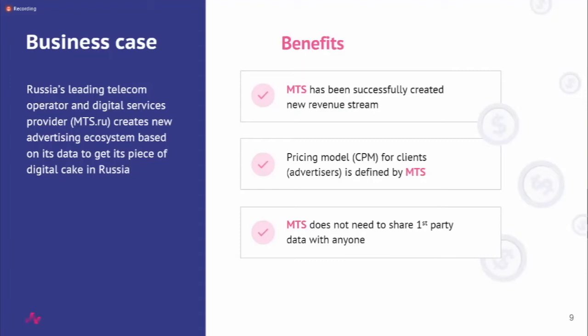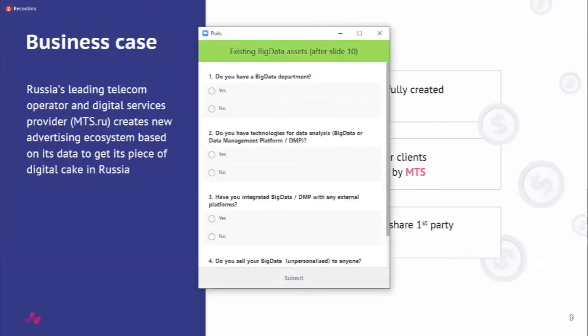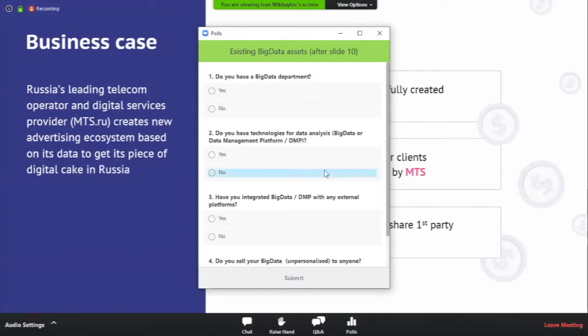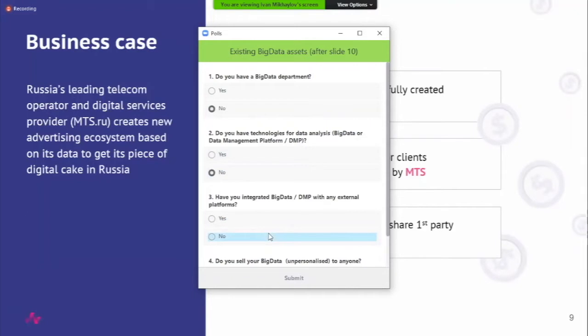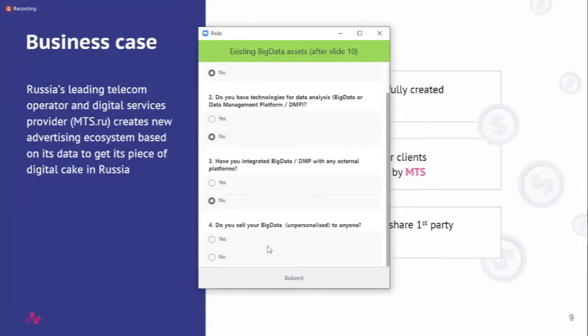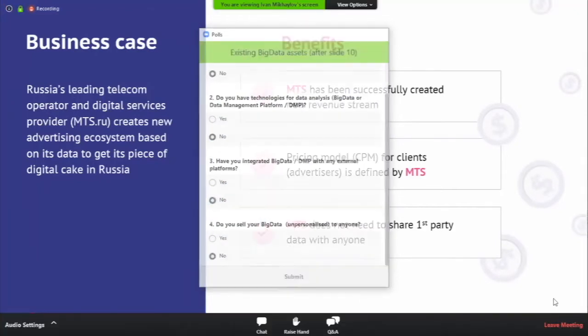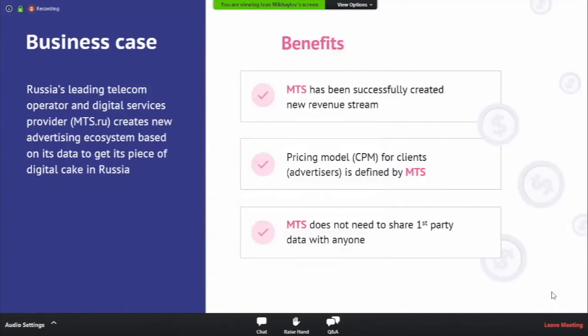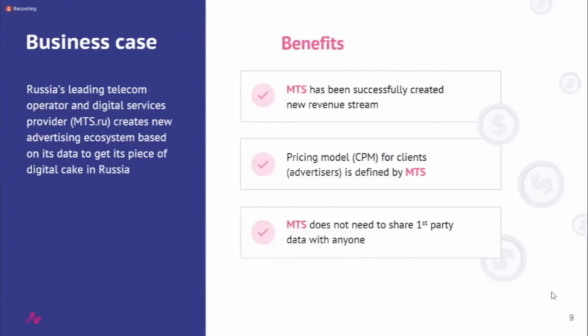Thank you, Ivan. Before we move on to analyzing the case, I would like to ask participants, especially the ones from the telecom industry, to share a little bit of the background of how you currently work with data and what your current technology or marketing standing is with big data. Please look at the several questions in the poll and let us understand where the current experience of our participants is located.